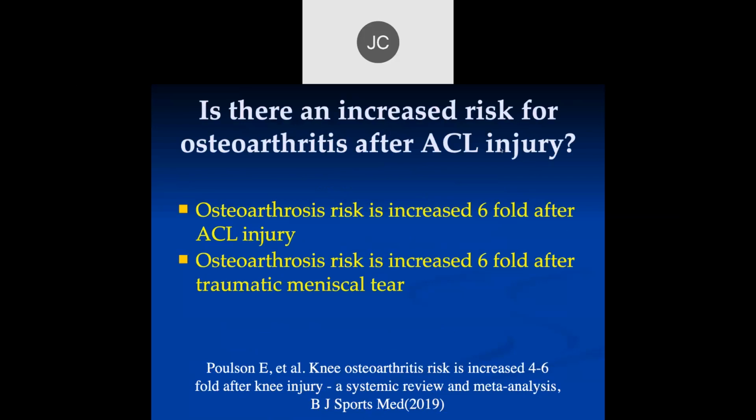So here are some studies looking at whether there's increased risk for osteoarthritis after ACL injury. This particular study showed a six-fold increased risk after an ACL injury. But that's the same degree of increased risk that you have of developing degenerative disease after a traumatic meniscal tear. Now, this is an acute meniscal tear, which is different from a chronic degenerative tear.